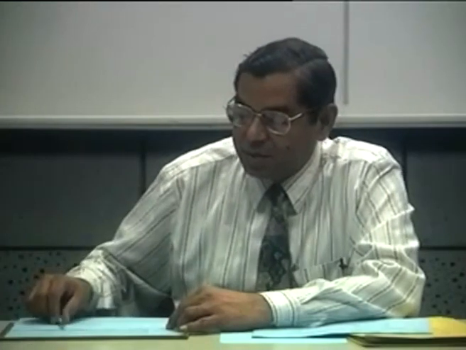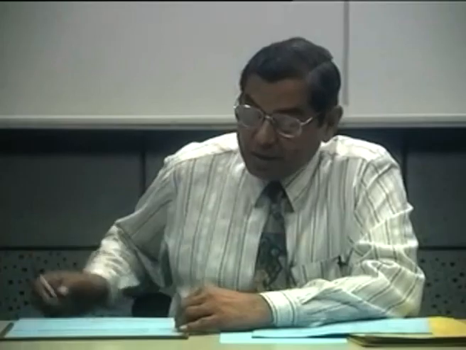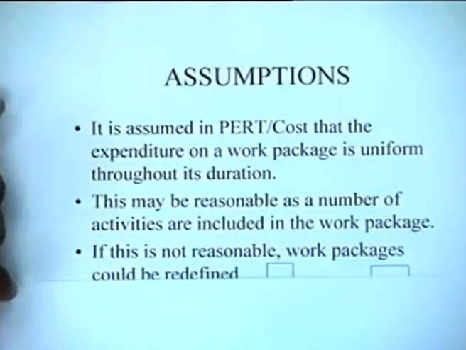It is like when you are talking about population control, total number of births is equal to the total number of deaths. So some number of activities are being finished, new activities are being added on. So overall the population remains constant in a city or in an overall institution. That is the kind of thing that we are trying to say. So this might be reasonable because of this assumption.